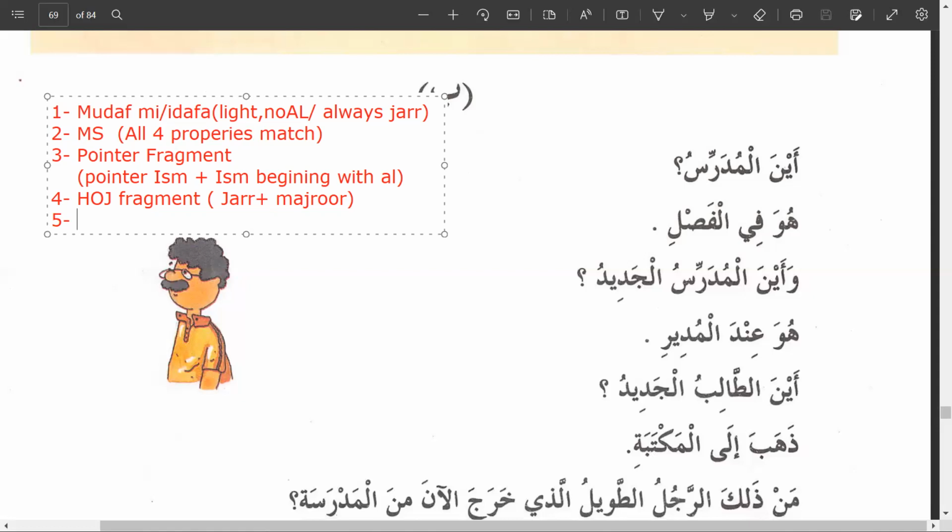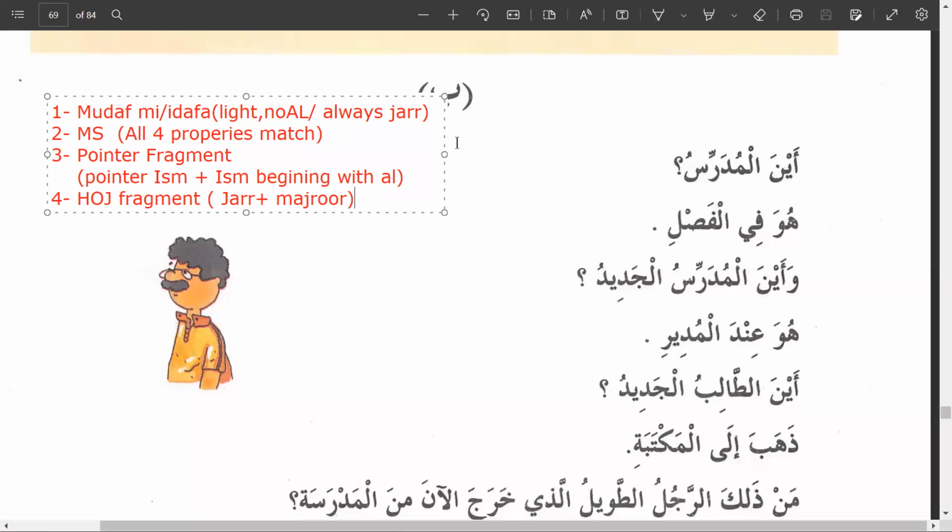Inshallah, we'll learn it in the next few chapters. So far we learned these fragments. Take a note or a picture of this. This is your homework: you need to know all these fragments and their characteristics.